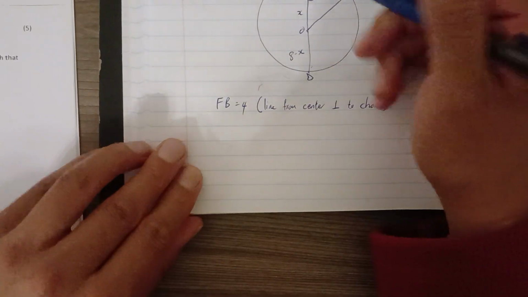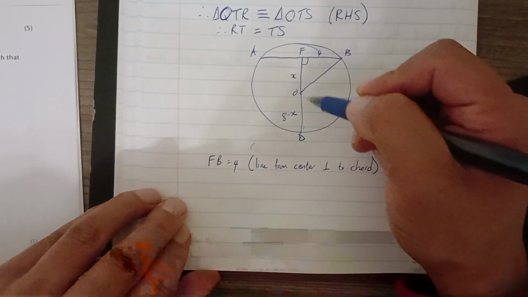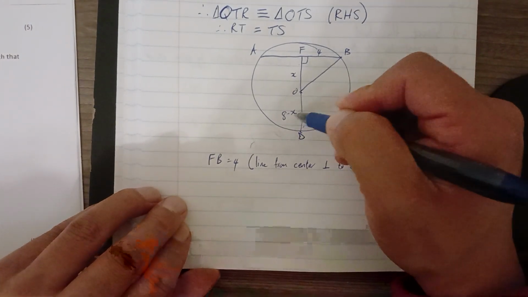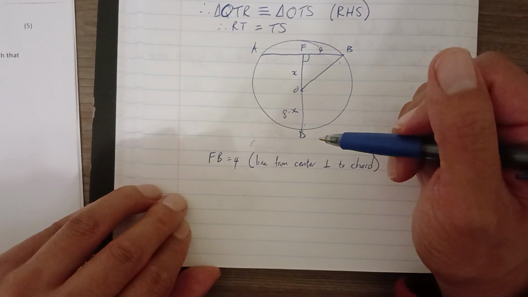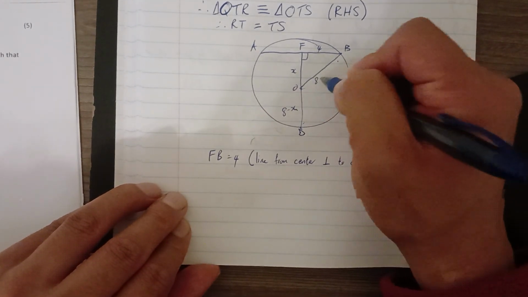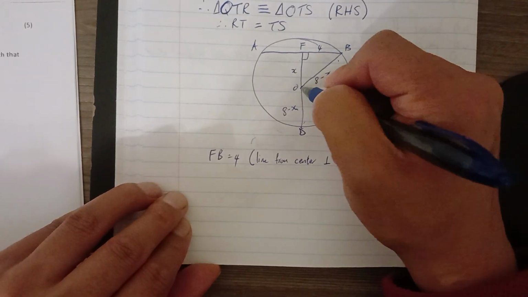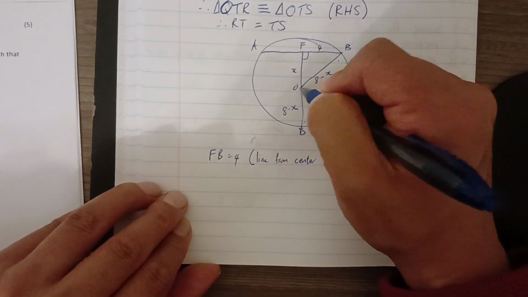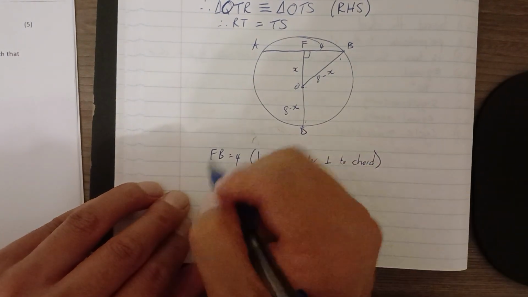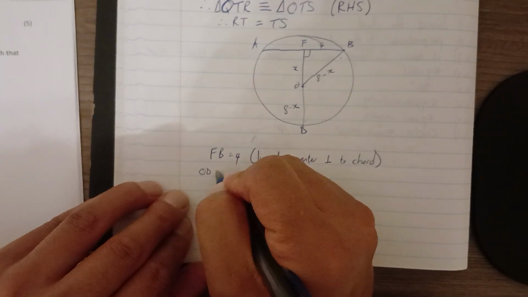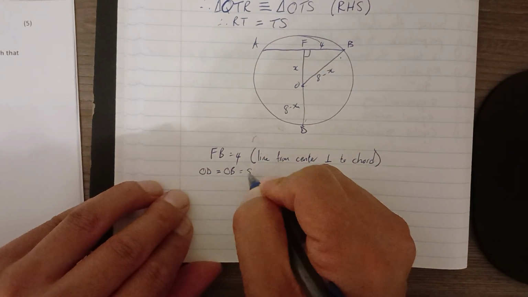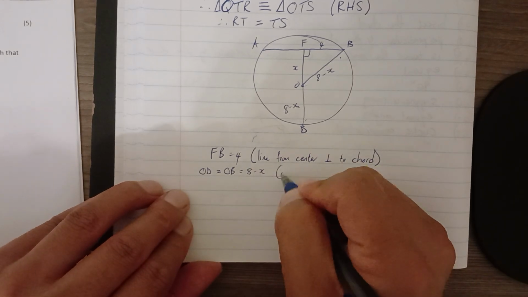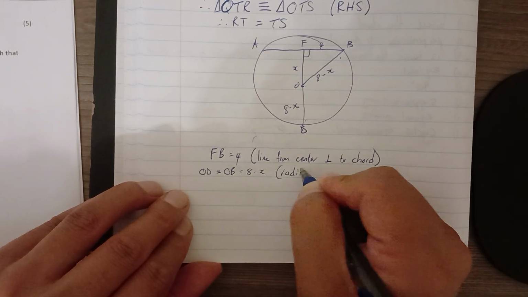So now because OD is 8 minus x, OB would also be 8 minus x. Why? Because OD is a radius as well as OB. So OD is the same as OB, which is 8 minus x, because both are radii.